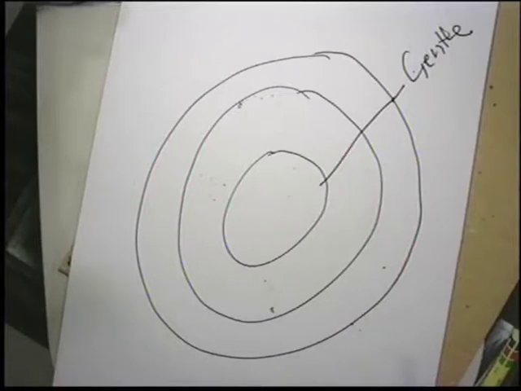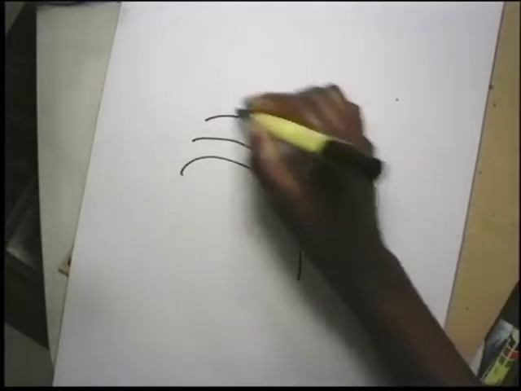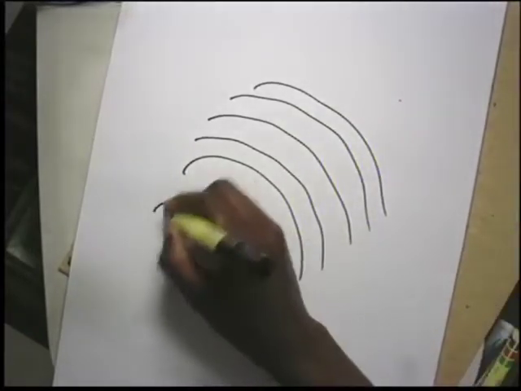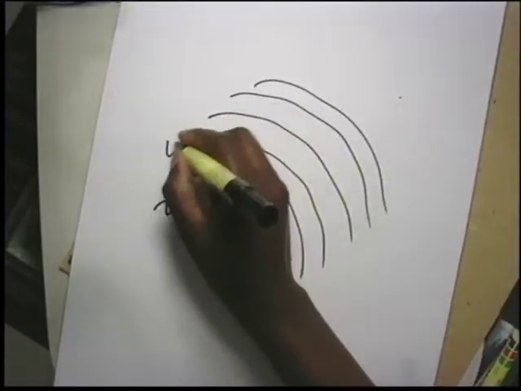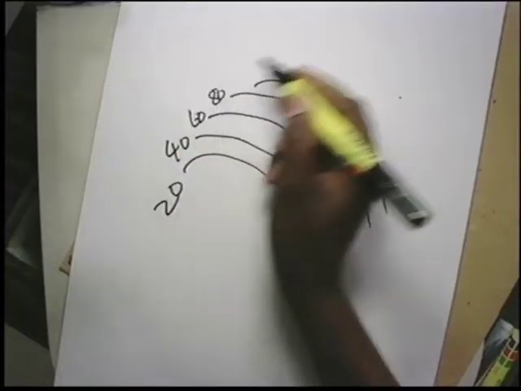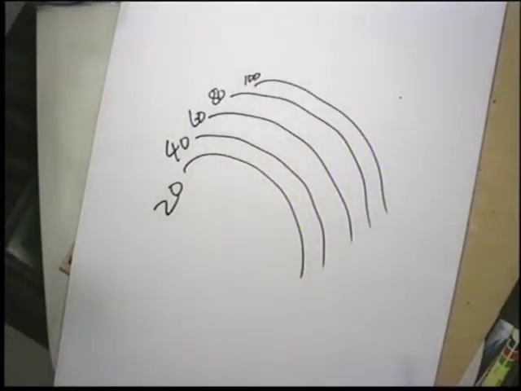Okay. If now we happen to have contour that are close together, we are having their value, 20, 40, 60, 80, 100, and their interval is 20.